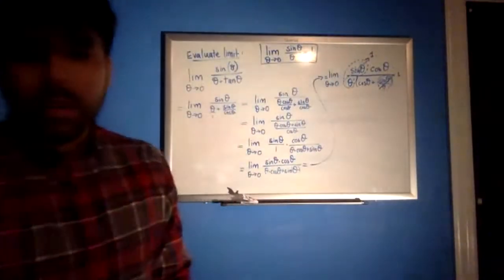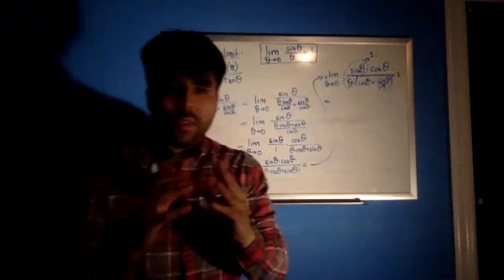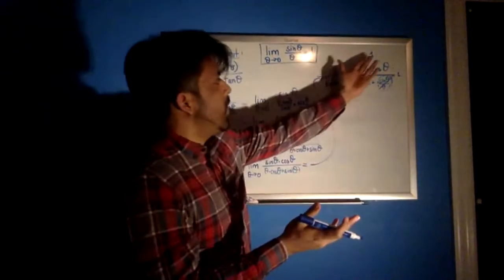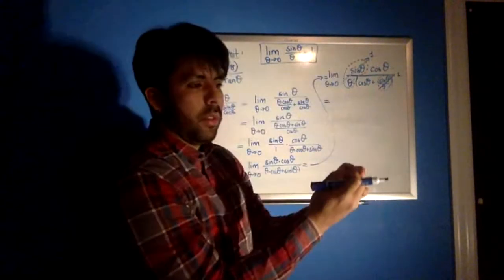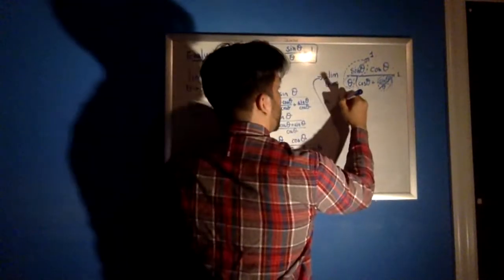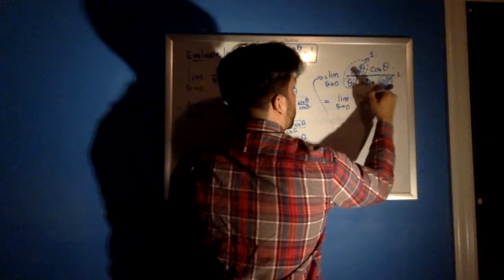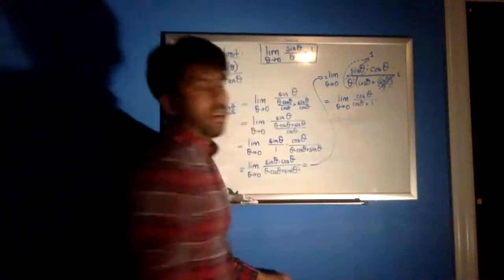So then, in a way, this here and this here, I can just consider as 1, because that's what the limit of this expression approaches. And now I can write this as the limit as theta goes to 0 of cosine theta over cosine theta plus 1.